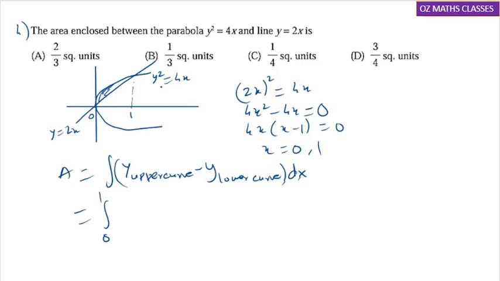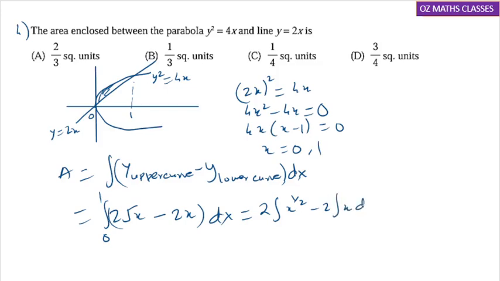So from this, the y value will be 2 root x, and from the lower curve, that is y equal to 2x, integrate this. So 2, and you can write the root x as x to the power 1 by 2, minus 2x. So in both the curves we are getting x.